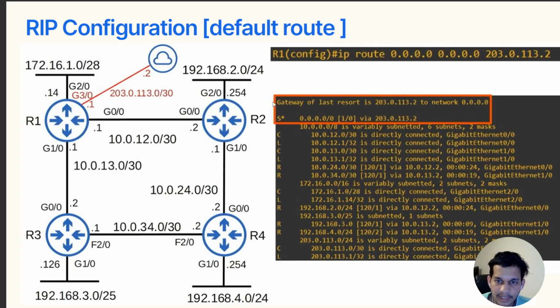So let's see the routing table after configuring the static route. As I told you, a star plus, that is the static route, will be the default route configured over here, so any unknown network packet that comes will just be sent to 203.0.113.2, that is, to the internet.